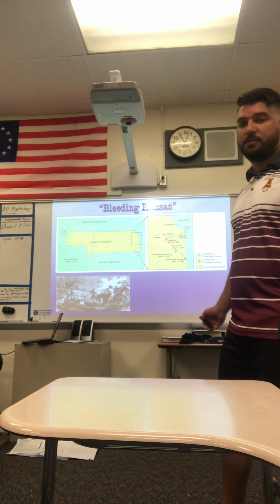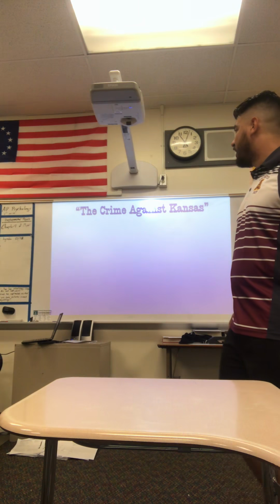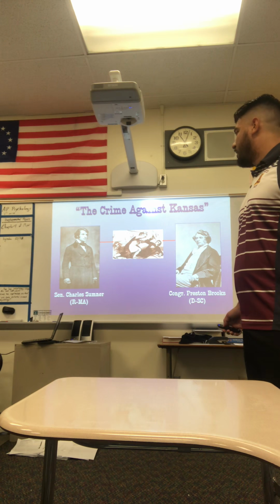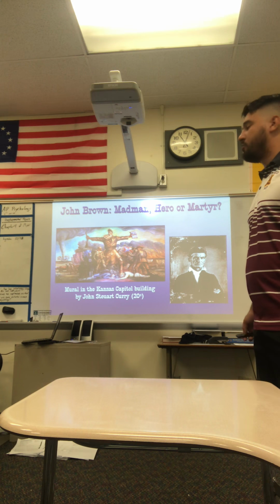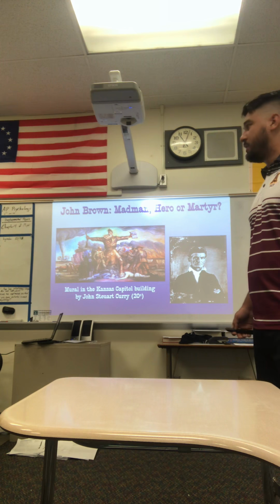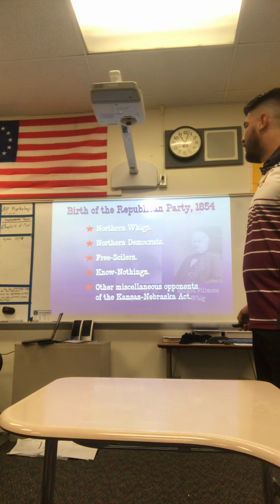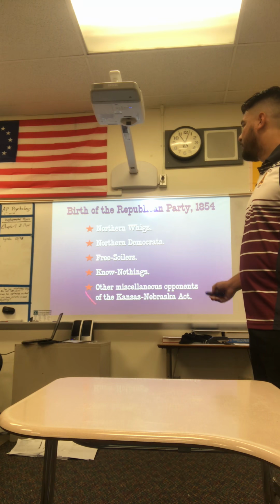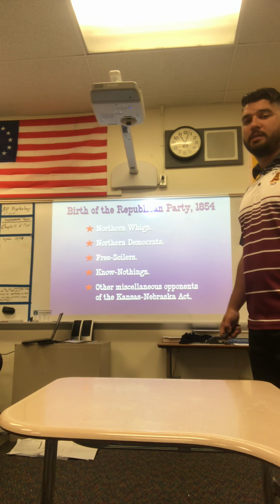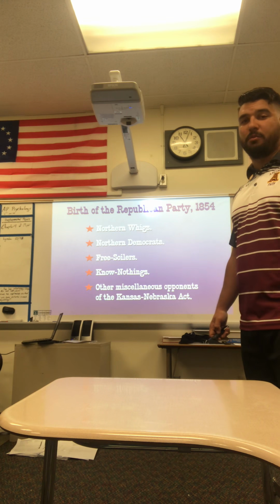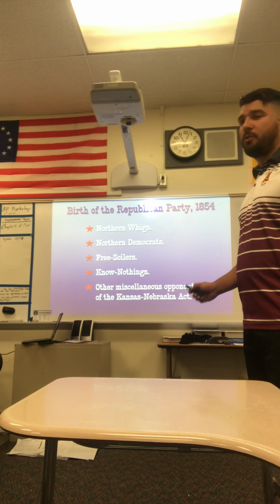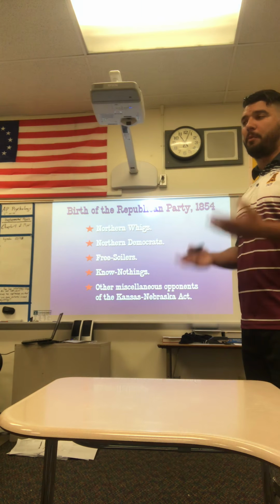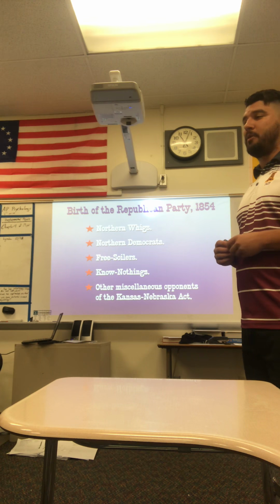As we can see, we get into Bleeding Kansas and talk about issues as well as that. Then we talk about how this leads into the radical movements of John Brown, who is a radical abolitionist, and then talk about the rise of the Republican Party, formed out of what was left of the Whigs and the Northern Democrats that did not agree with slavery, as well as the Know Nothings, and how this coalition of political parties formed into the Republican Party, led by Abraham Lincoln.